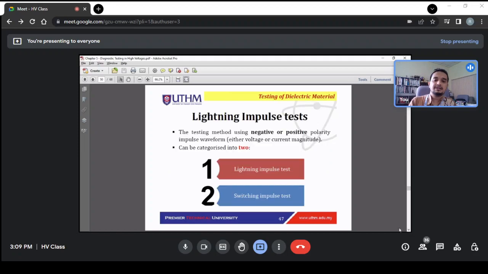As I mentioned before, impulse tests are categorized into two, lightning and switching. Lightning means we try to replicate the lightning source from nature, and the switching impulse, we try to replicate the switching activity, on and off. As simple as at your home, when you switch on and off, in the dark you may see a spark as well.